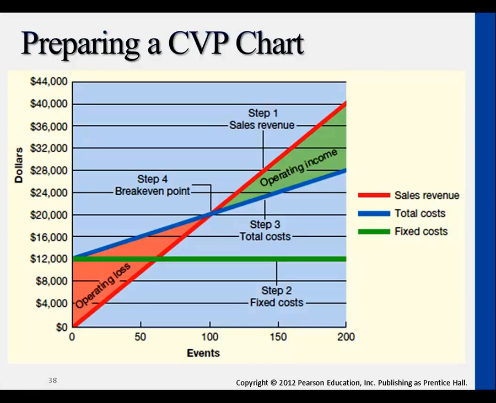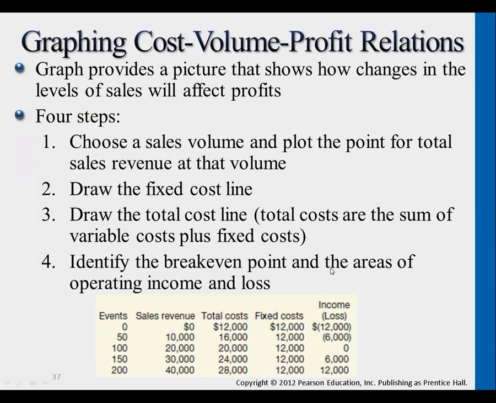It's 200, that's a break even. 28,000 at 200. Here's my point. Okay? That's how we're going to find our total cost, sorry. That's a part of variable, and this is a part of fixed cost.